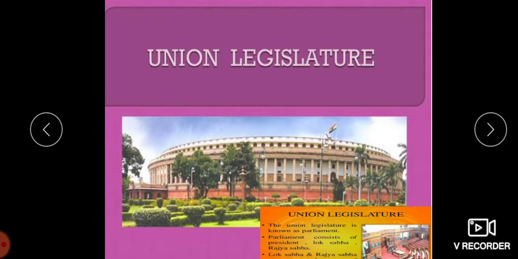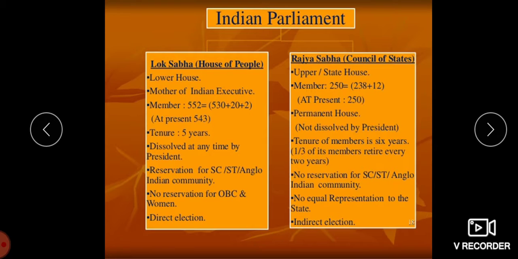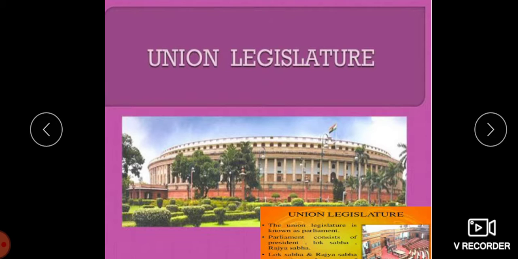Now let us move on to the Union Legislature. The Union Legislature comprises the President and the two houses of the Parliament: the House of the People, we call that the Lok Sabha, and the Council of States, the Rajya Sabha.